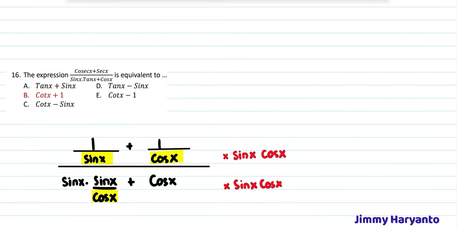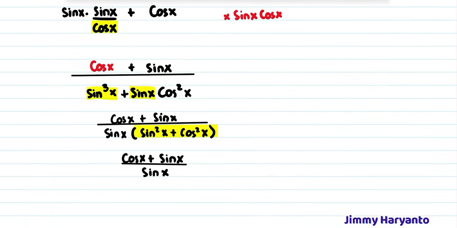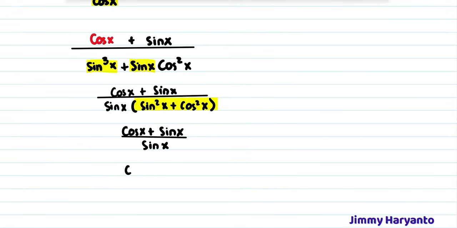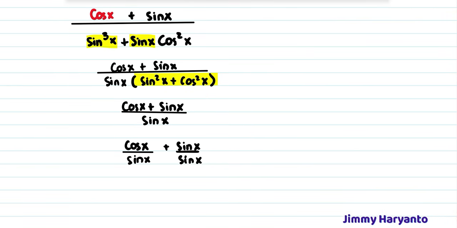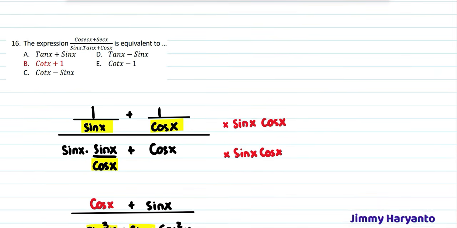Let's check the answer. Oh, we don't have this expression in the options. That means we can split the fraction like this, plus sine x over sine x. Cos over sine will become cotangent x, and sine over sine will become 1. Cotangent x plus 1. B.